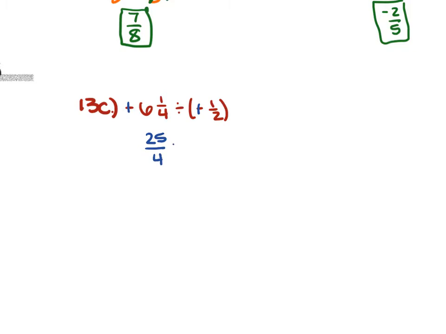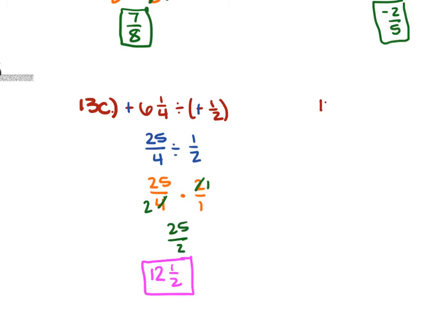Keep it over the 4, divided by 1/2. Keep, change, flip, so 25 over 4 times 2 over 1. Simplify, the 2 becomes a 1, the 4 becomes a 2. 25 over 2 is the same thing as 12 and 1/2.